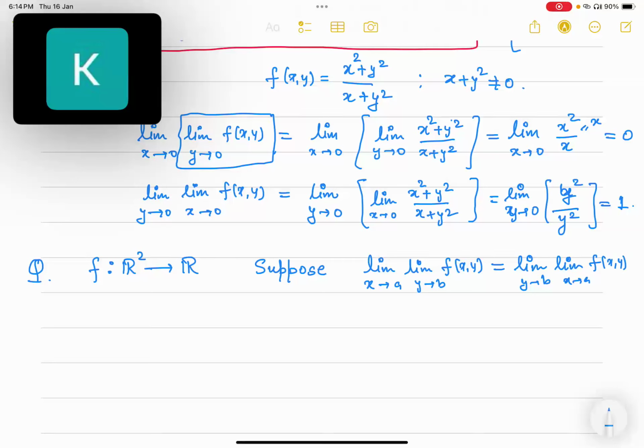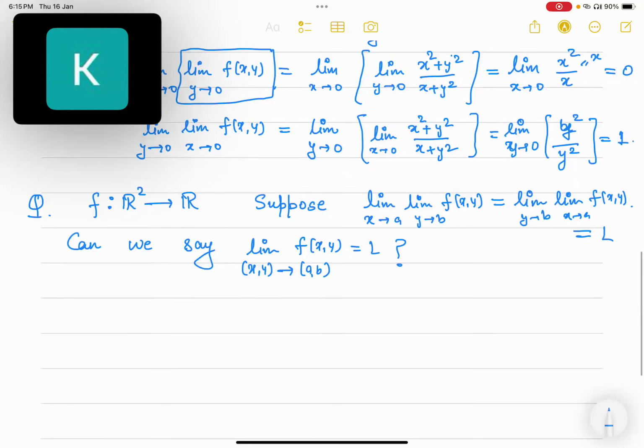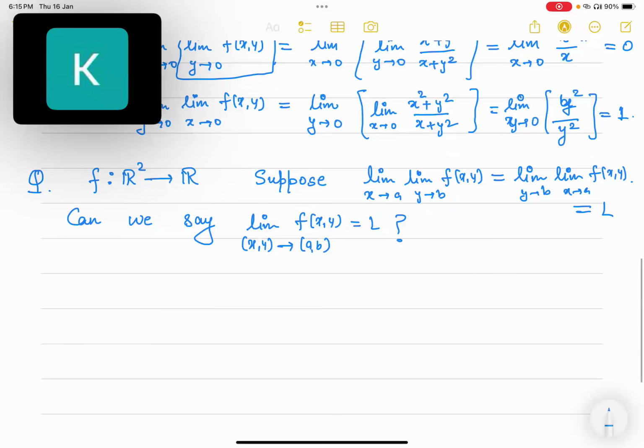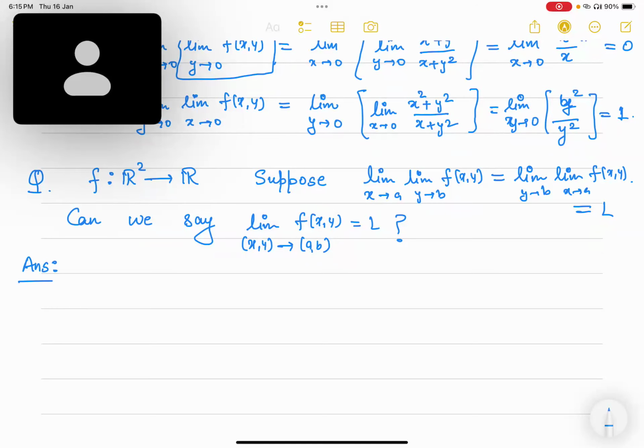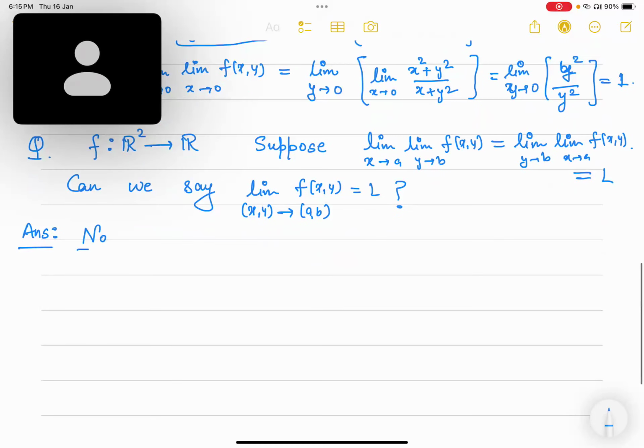I'm giving you that both the limits are equal, and I'm saying this is equal to L. So can we say limit (x,y) tends to (a,b) of f of xy is equal to L? No, we cannot say anything about this.